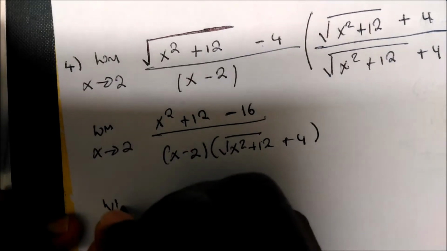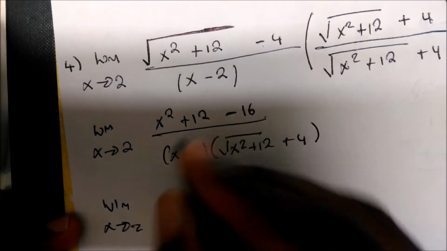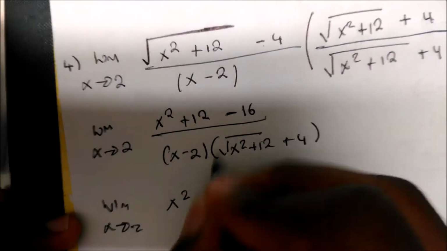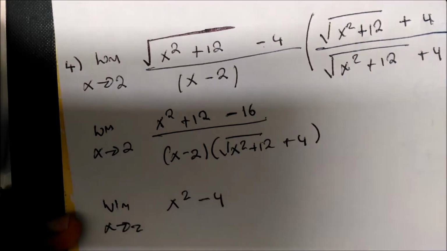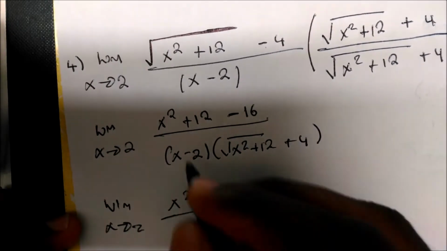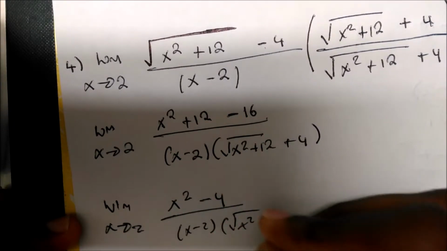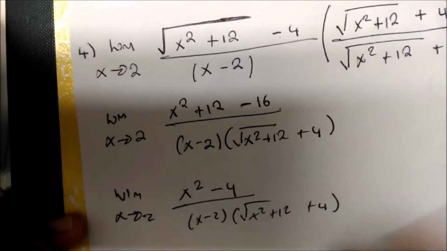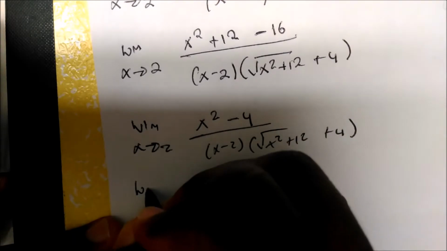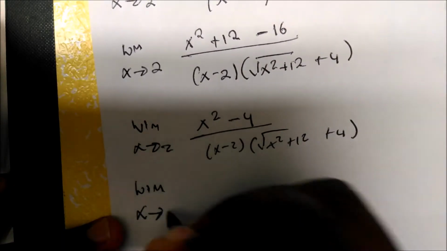So the limit as x approaches 2, well, this is just x squared minus 4, over x minus 2 times the square root of x squared plus 12 plus 4, right? So immediately I can see that my top can factor.